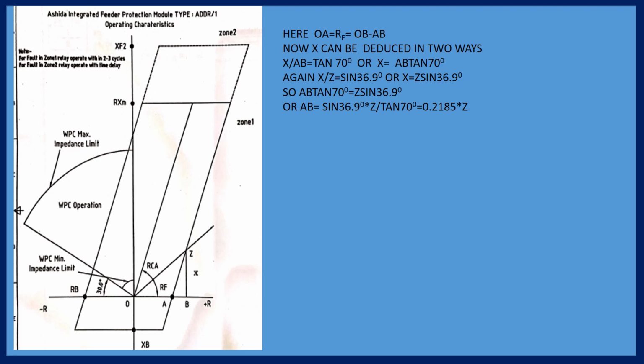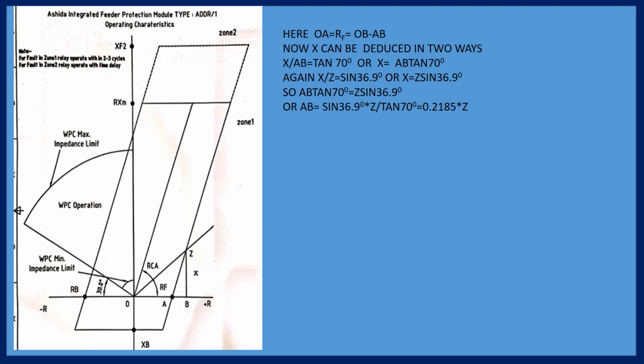Now you see here that red triangle. In the red triangle, X divided by AB is equal to tan 70 degree. We know the relay characteristic angle is 70 degree. So X is equal to AB tan 70 degree. Similarly, you take the bigger triangle. Here X is also common.